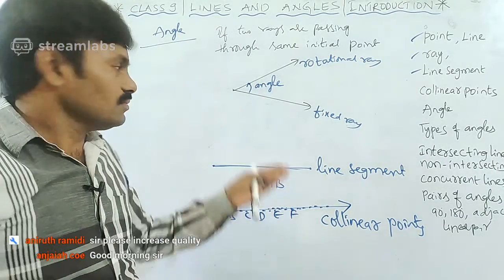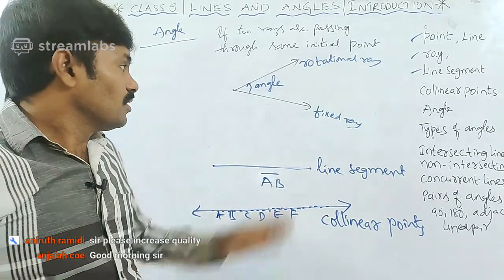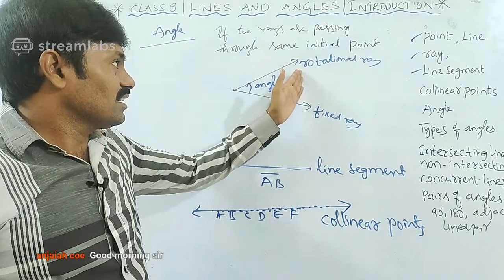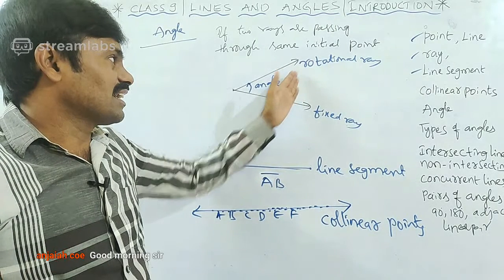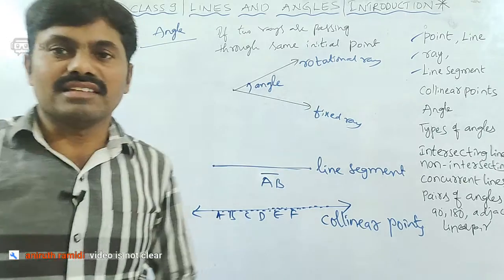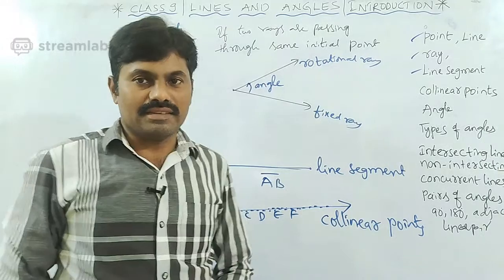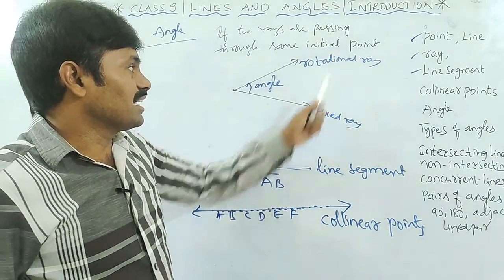So this is called a fixed ray and a rotational ray. Clear? We can say it is a terminating ray also.